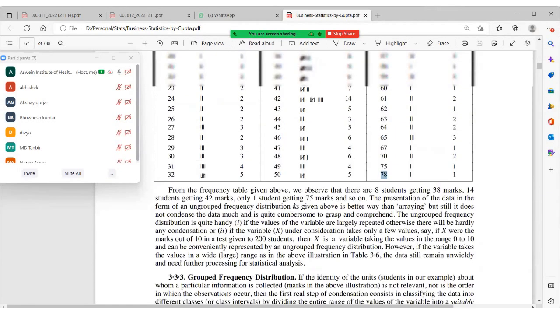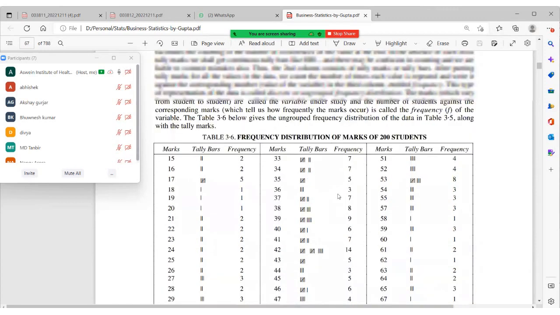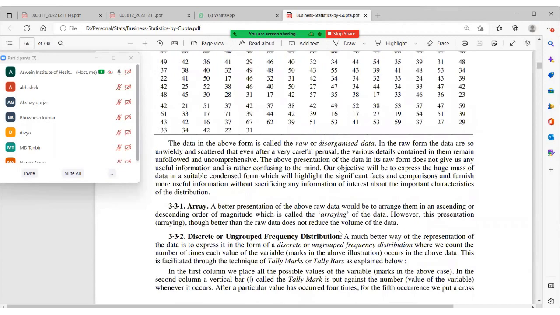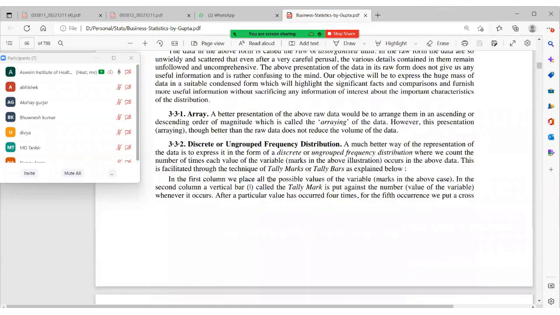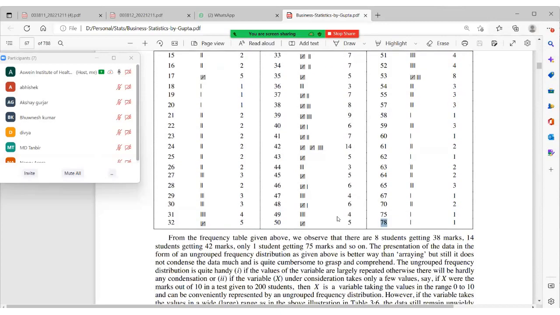It is better if we do it in a continuous series, but let's find out why we need the continuous series and why the discrete series. In this, at first look we found that the minimum marks is 15 and the maximum marks is 78, right? So now we write all 15, 16, 17, 18 up to 78.